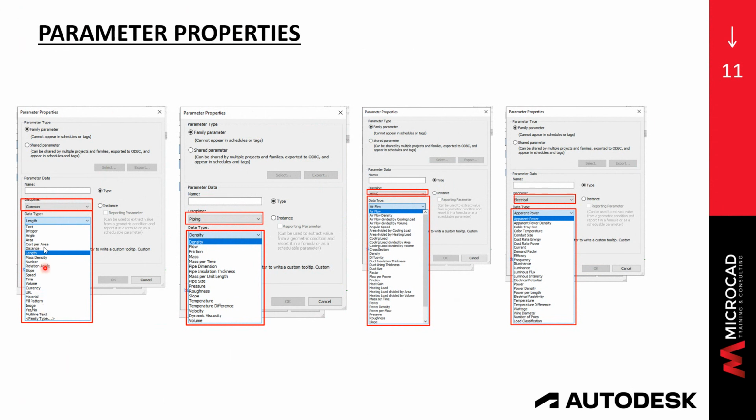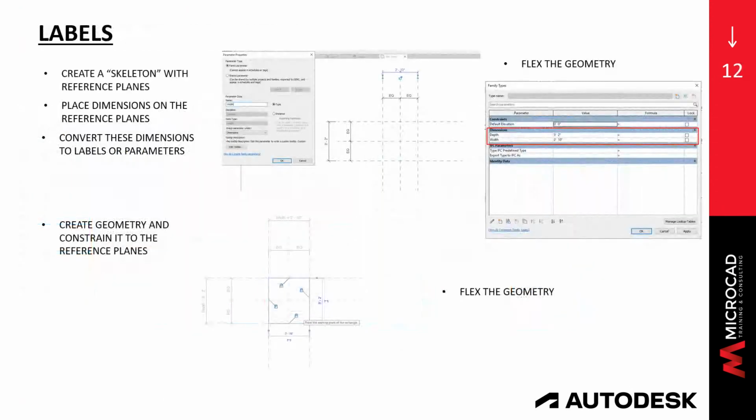Learning what these parameters do is very important when you're creating parameters. You have parameters that are specific for piping, for HVAC, or for the electrical industry. Now that you get a glimpse of what parameters are, you can go and start creating a family.